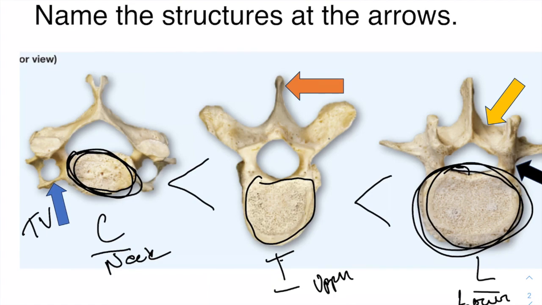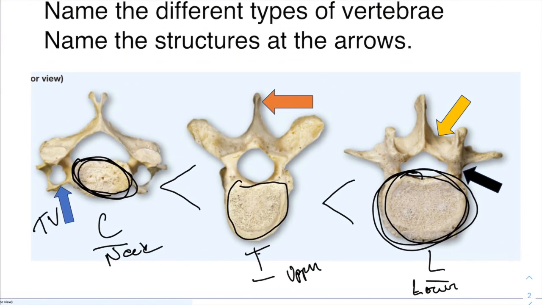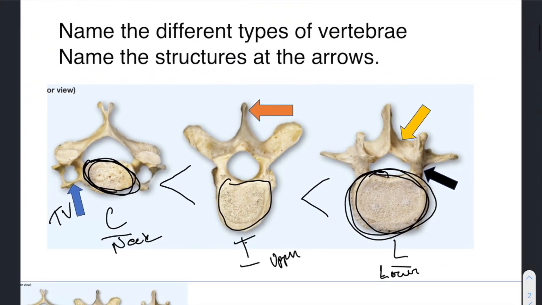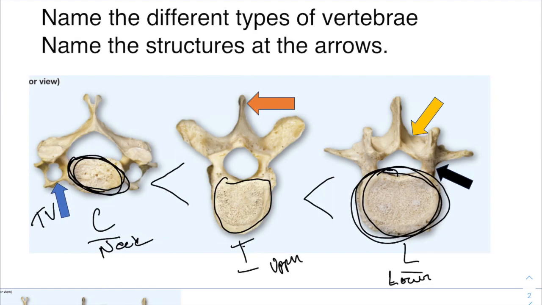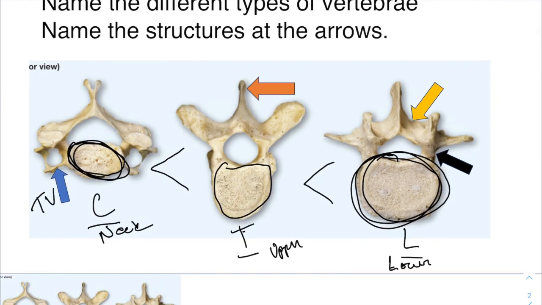So that's why you want to start paying attention to the size of the vertebral bodies to help you understand which region you're in, and maybe which vertebral body you're looking at, because those could be asked. Unlikely, I think, because I don't think they're specifically on your structures list that you have to know, but just for safe measures, it will conceptually help you understand anatomy a lot more.